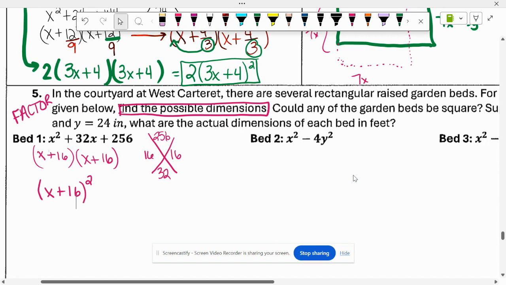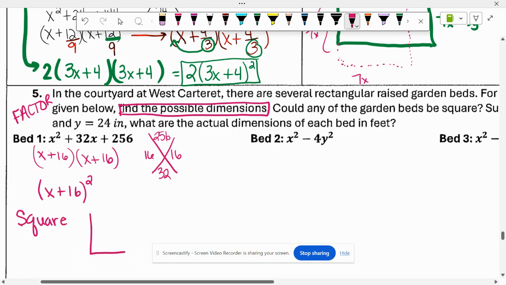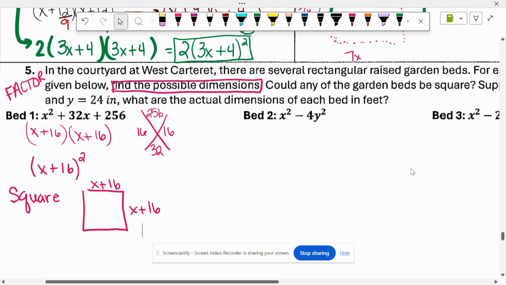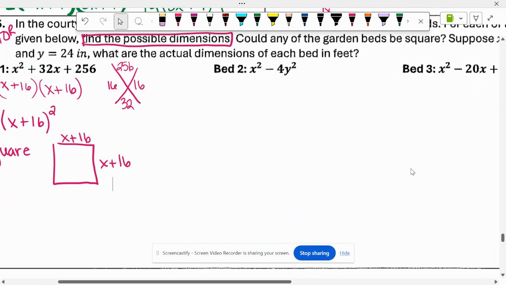It says, could any of the garden beds be a square? Well, this one is definitely a square because both dimensions are the same. Both dimensions are x plus 16. It says, what would the actual dimensions be if x was 18?